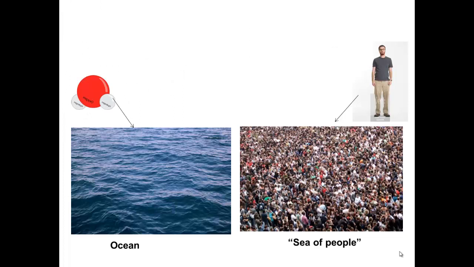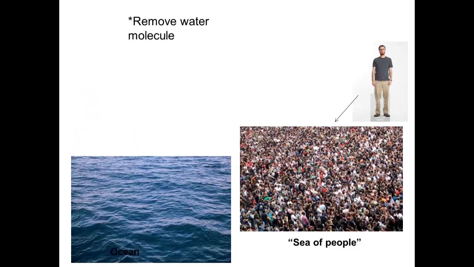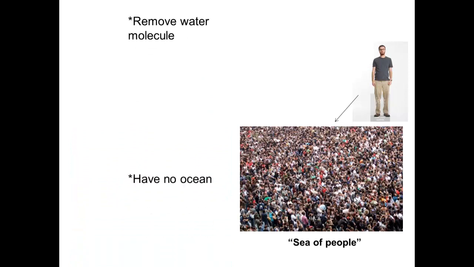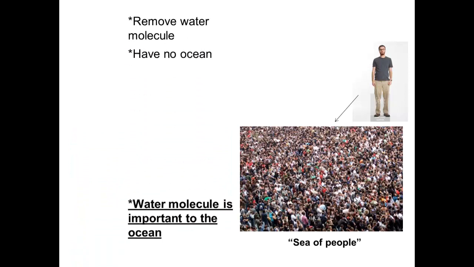So when we look at that 7 billion figure on Earth, it seems like one person's not really going to make a difference, but in actuality we do. Every individual makes a difference. The analogy I have for you is the water molecule and the ocean, and a person and a sea of people. If you keep removing water molecules, eventually you have no ocean.